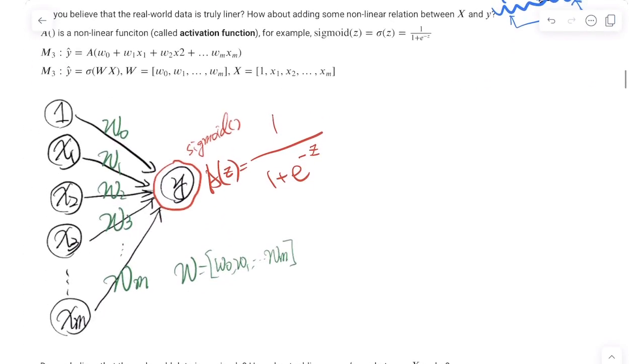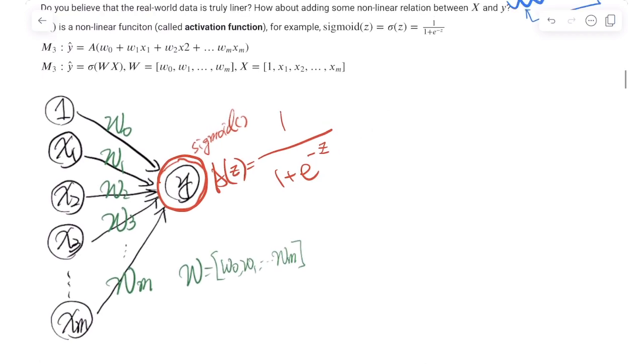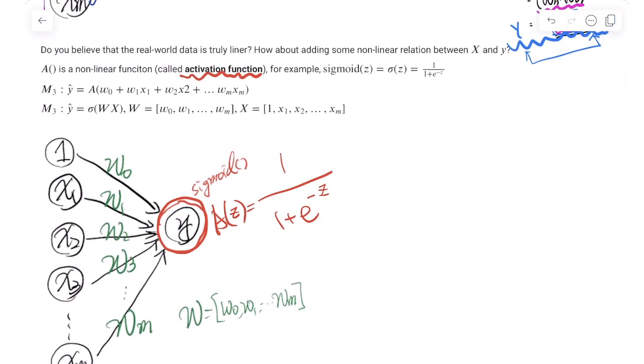Most of the time we will add, in our class, a circle right here, and this circle, of course, is what we call an activation function, and there are several activation functions. We'll talk about them 2 weeks later, and so far you have to know that those activation functions are nonlinear functions.